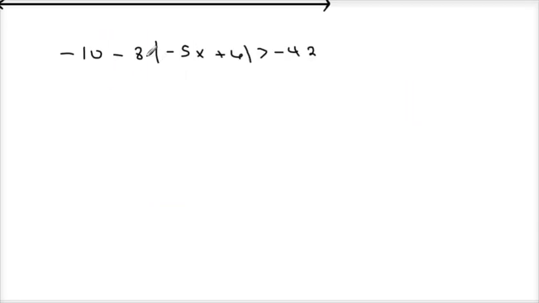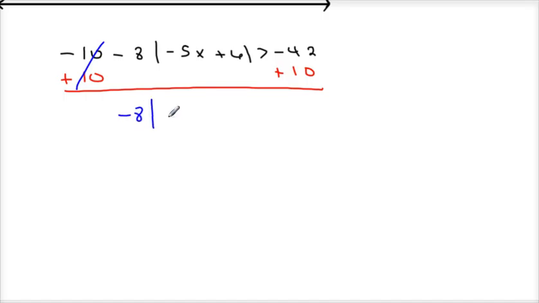Right, so here we have negative 10 minus 8 times the absolute value of negative 5x plus 6 greater than negative 42. I'm going to add 10 to both sides here. This goes away, so I now have negative 8 times the absolute value of negative 5x plus 6 is greater than negative 42 plus 10.